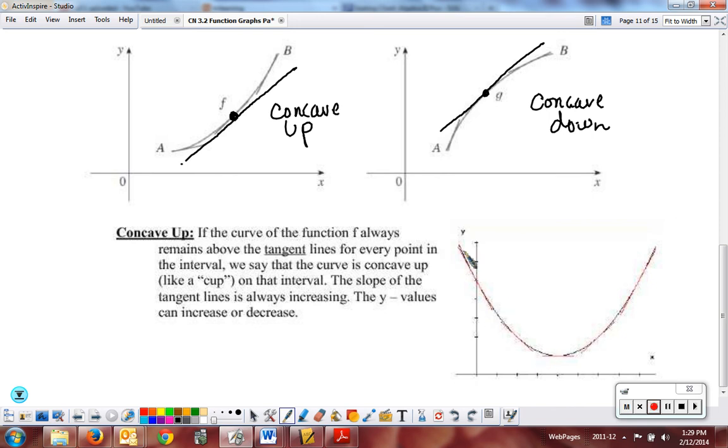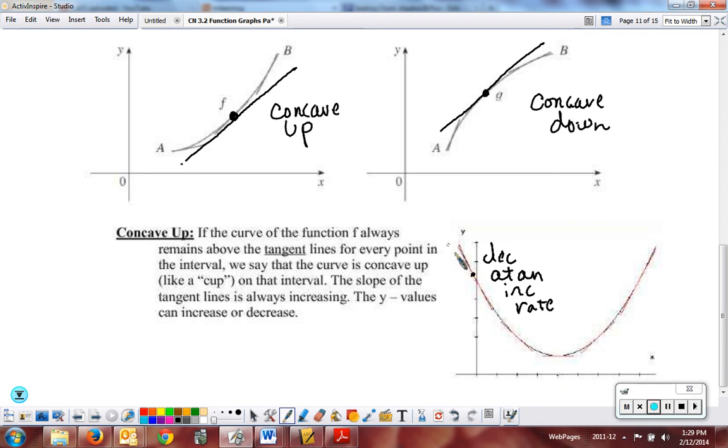What's happening over here? This side of this function is decreasing, okay? It's decreasing at an increasing rate. Now let's talk about why that's an increasing rate. What do we know about the slopes on that side? The rate is the slope.